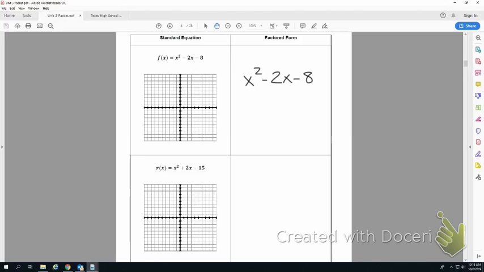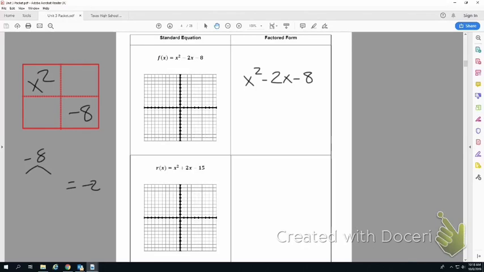The way you were most likely taught was the box method again, and then you put the first term there and the second term there. And then you would have to find the factors of negative 8 that add to negative 2. And you put those there. And it's just a very long process. Very drawn out. I'm going to show you a different way to do it that I think is a little bit quicker. And I feel like there's less opportunity to make a mistake.